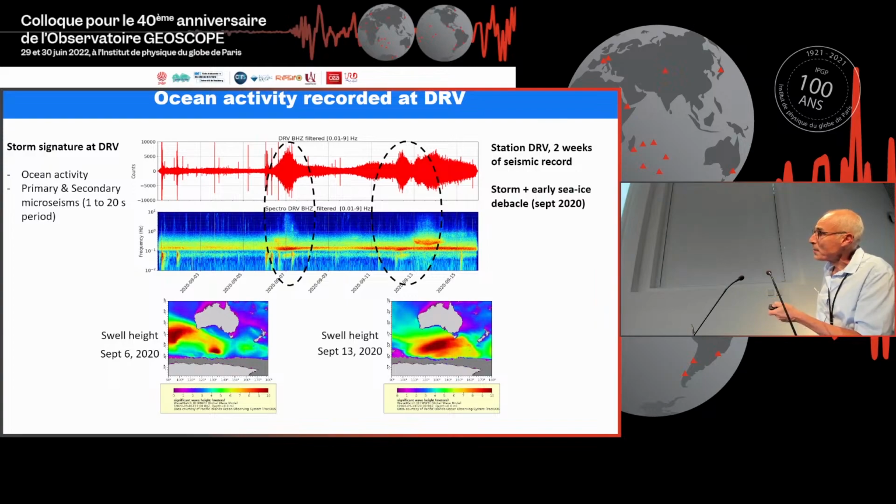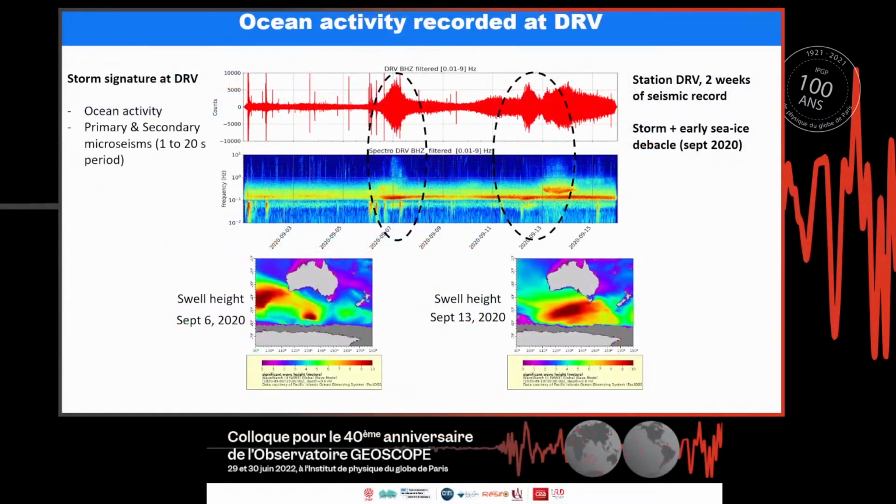This is a spectrogram, and the breakup of the sea ice occurred on the 6th or 7th of September, and it was in fact induced by a very strong storm traveling between Australia and Antarctica that hit the external part of the sea ice and broke the sea ice across its whole broadness, that is to say several hundreds of kilometers up to the continent.